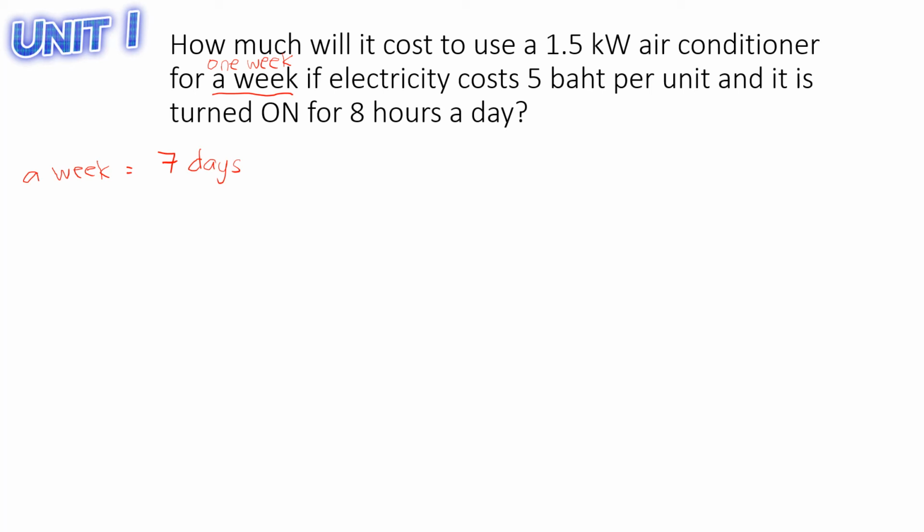Next, 5 baht per unit. Per unit here means kilowatt hour, so for every kilowatt hour, you're going to pay 5 baht. And we are going to turn on the air conditioner for 8 hours a day. So how do we compute this?